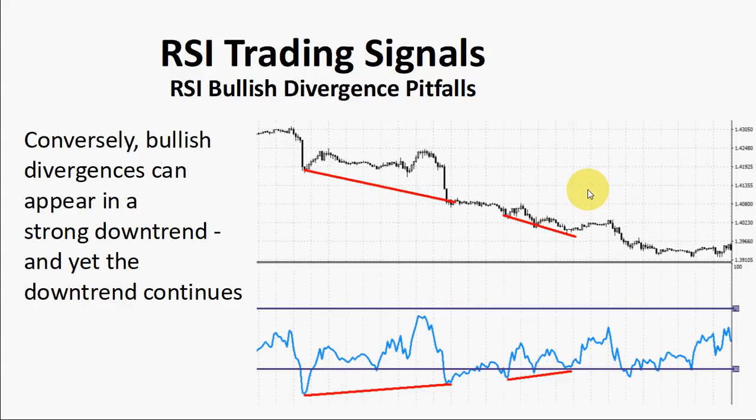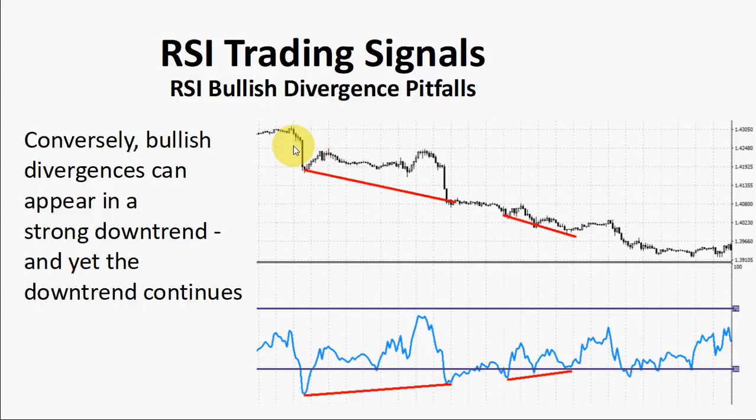Now let's look into the pitfalls, right? Before we get carried away or too excited about divergences as a great trading signal, it must be noted that divergences are misleading in a strong trend. So in a strong trend, let's say you have a downtrend like the one on the screen, you see a lot of bullish divergences, but there is no change in direction.